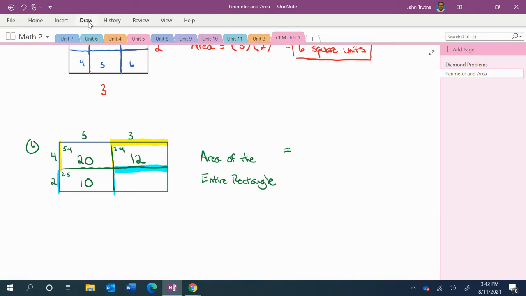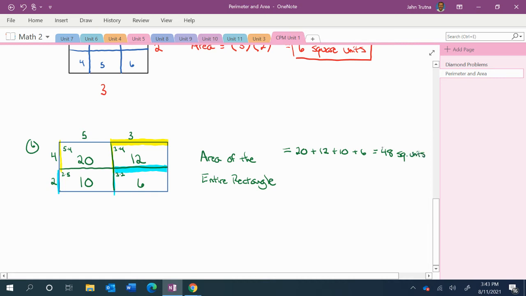Since 3 times 2 is 6, the area of the bottom right rectangle is 6. So if I wanted to find the area of the entire rectangle, I could add up all 4 of the areas, 20 and 12 and 10 and 6, and that would be 48 square units.